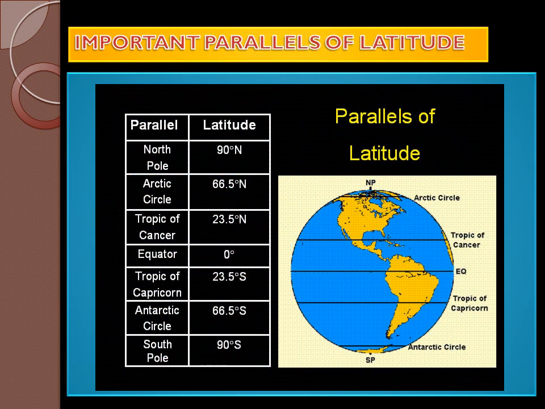Now we will discuss about important parallels of latitude. So here you can see some of the important parallels of latitude. First you have North Pole. At 90° north, you have North Pole. Then you have Arctic Circle.